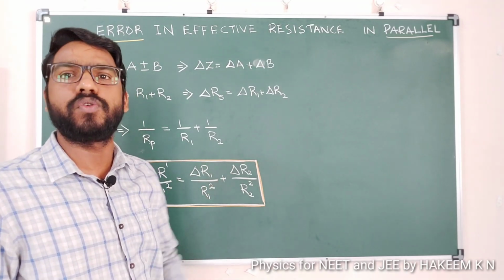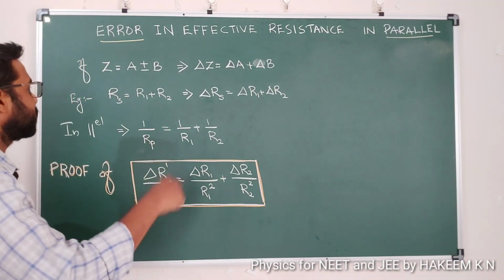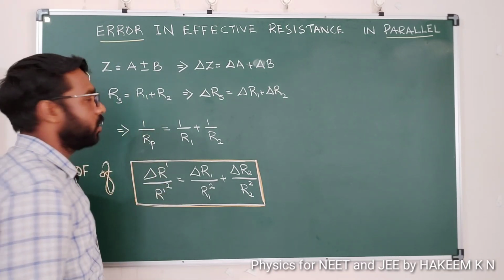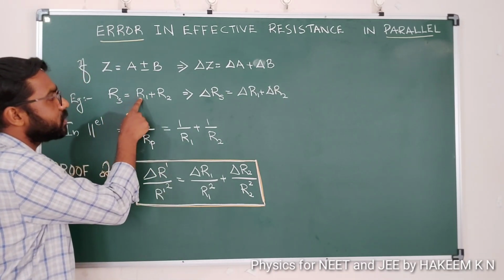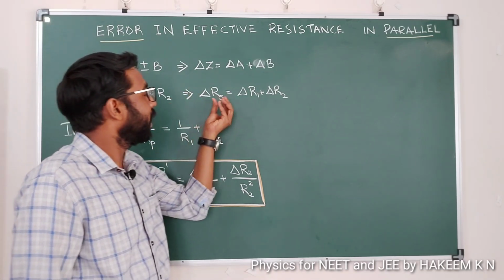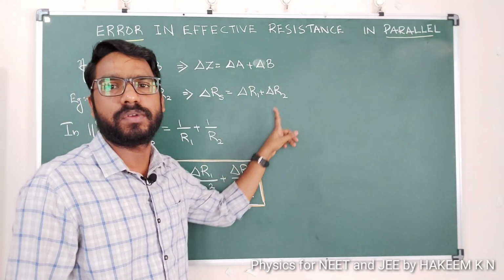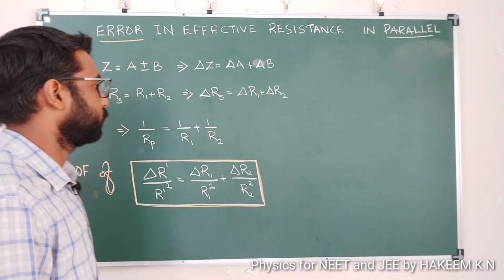For example, in series connection of two resistors R1 and R2, effective resistance is R1 plus R2. So, the error in effective resistance of series connection is delta R1 plus delta R2.